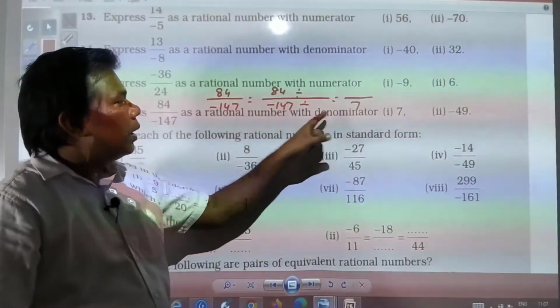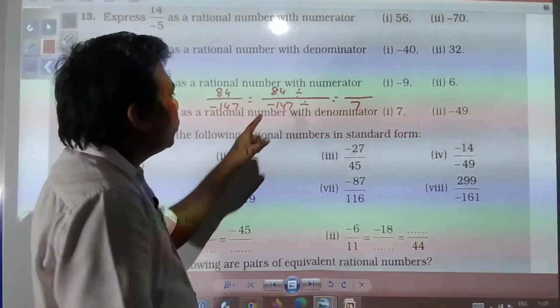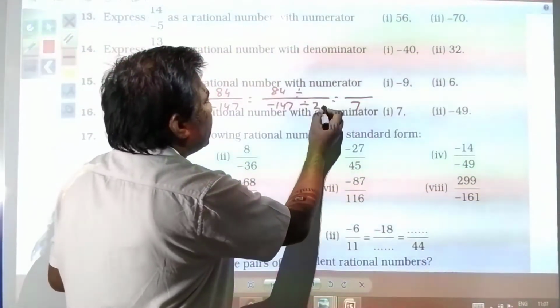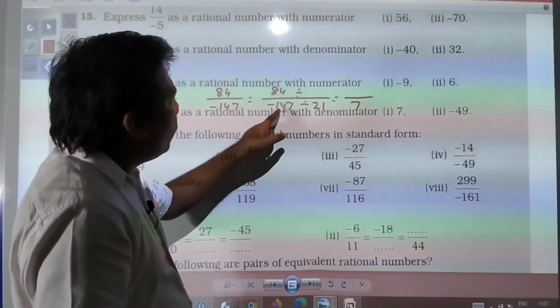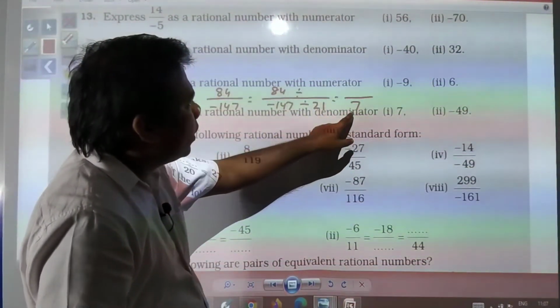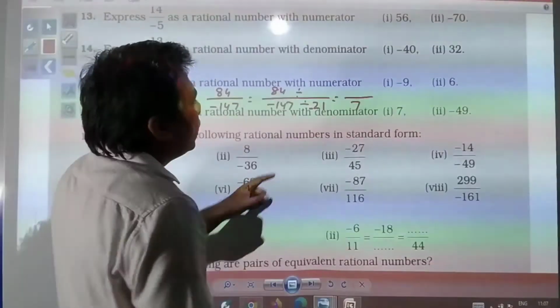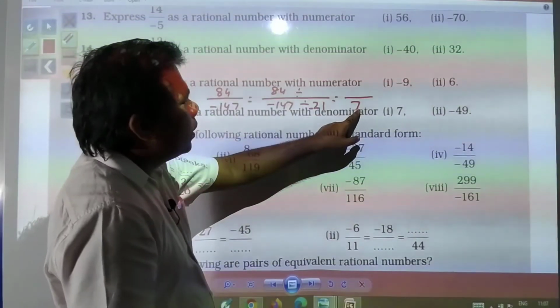Nothing is required to be done, just you divide this number by 7. So 7 twos are 14, 7 ones are 7. So if minus 147 will be divided by 21, you will get minus 7. So here you need to put minus, so that you will get 7 as answer.